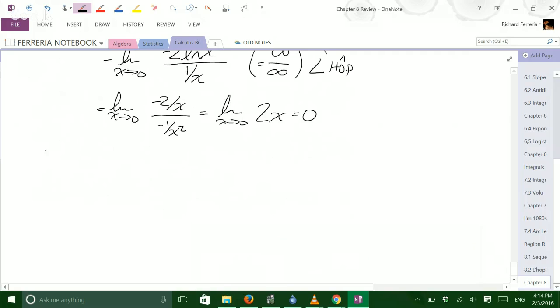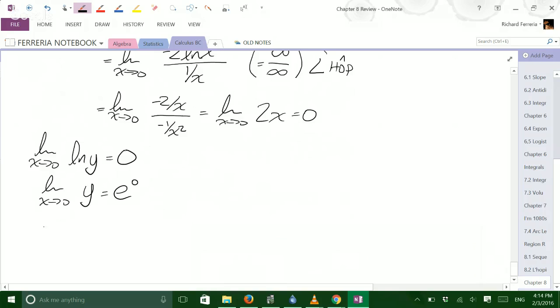So what have we proven? We've proven that the limit as x approaches 0 of the natural log of y is equal to 0. If we exponentiate, then we've also proven that the limit as x approaches 0 of y is e to the 0.